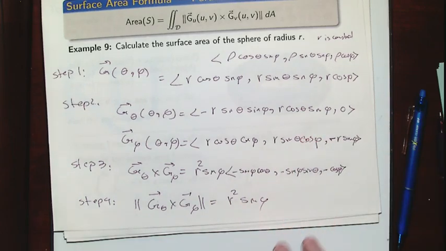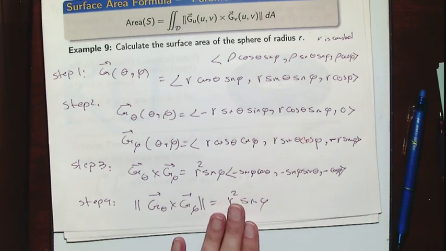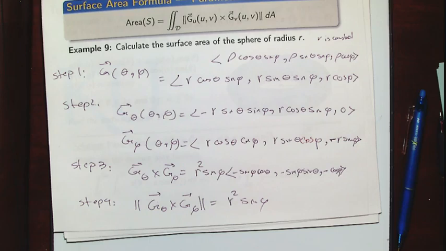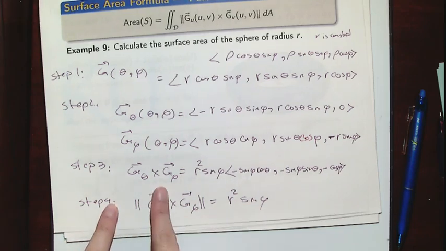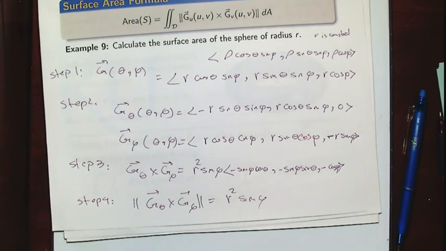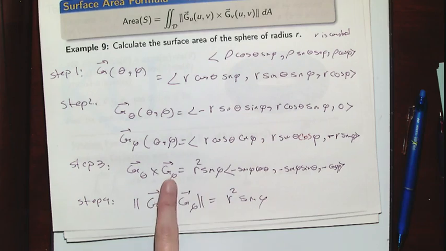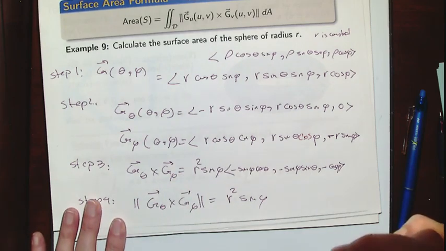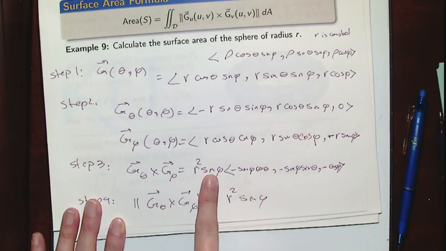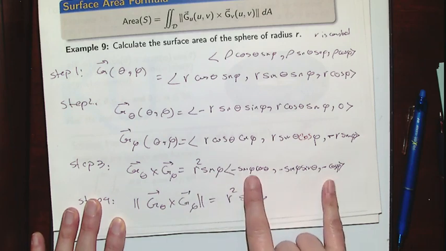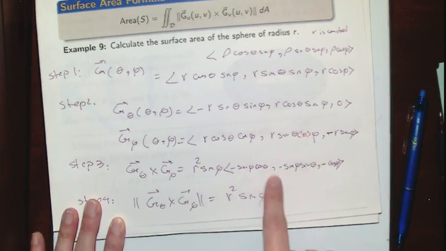But I know what the answer is. It's the Jacobian. It's r squared sine of phi. And you guys know, okay, so here's the other trick. I know if I cross these two together, I'm going to get a normal to the surface. The magnitude of that normal is r squared sine of phi. But this looks familiar.